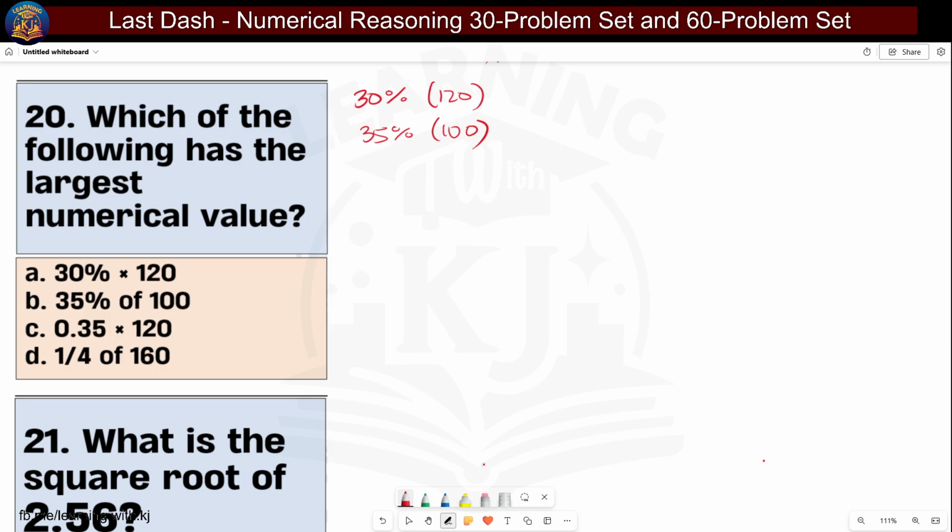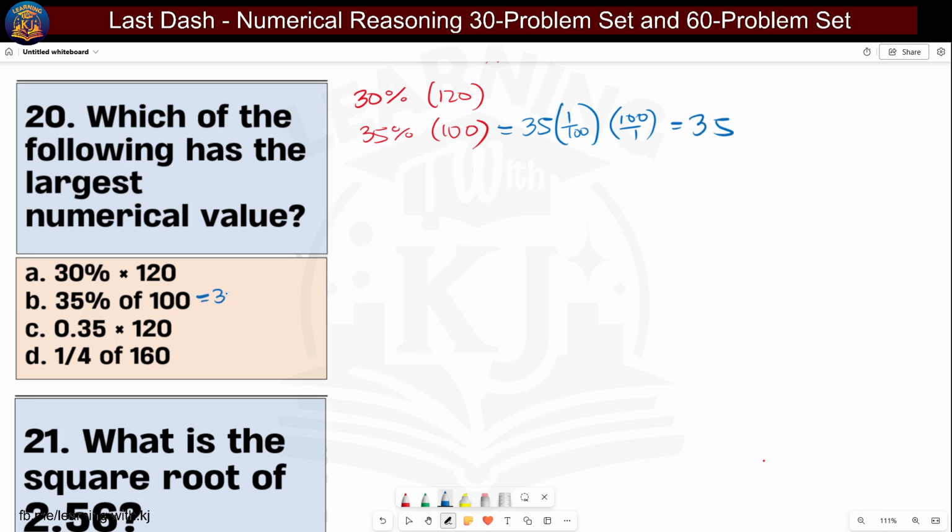Again, masosolve natin to directly ang 35% of 100. Kasi sabi nga natin, percent is equal to 1 over 100. So, makakancel yung 100 dyan. Again, this will become 35. 1 over 100 multiplied by 100 over 1 or 100. 100 divided by 100 is 1. Therefore, the value of this one is 35.